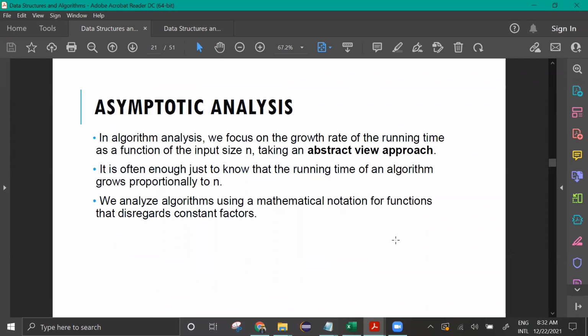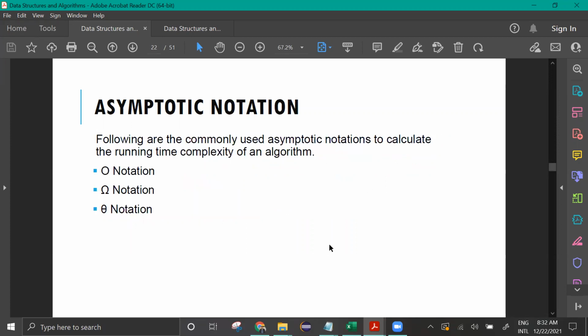Worst case time and best case time, and based on that we decide the complexity of an algorithm.